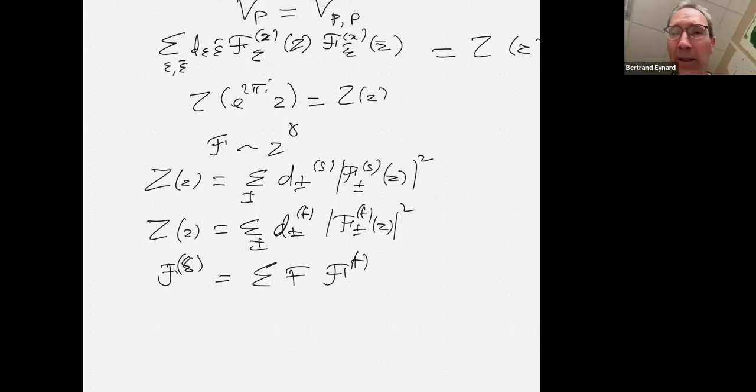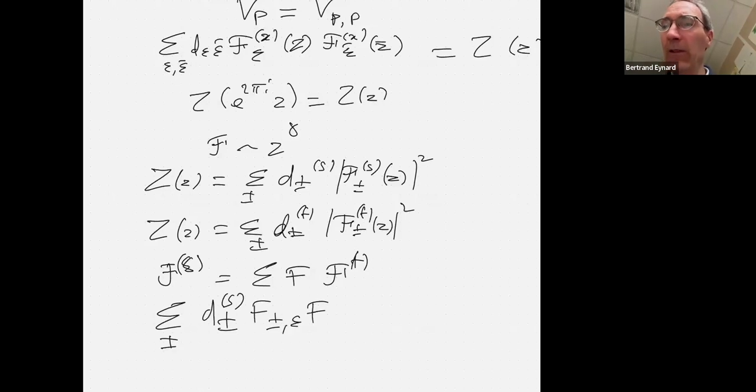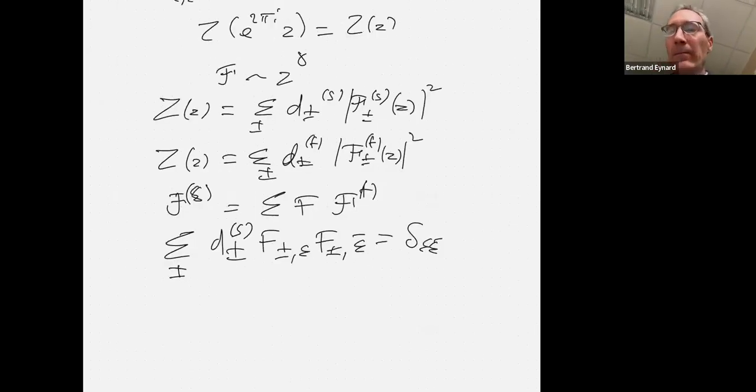Sum over plus minus of d plus minus S, F plus minus epsilon, F plus minus epsilon bar, equals delta epsilon epsilon bar d epsilon T, for any choice of epsilon and epsilon bar. So that's just a change of basis.